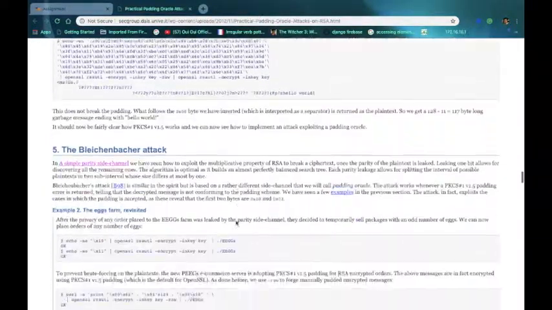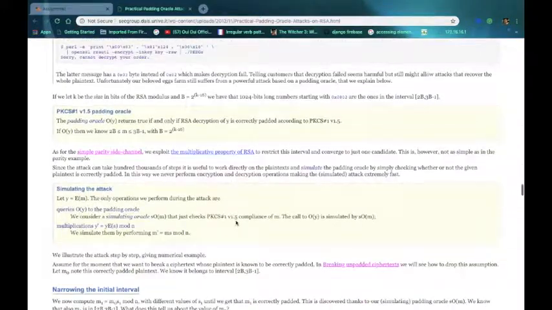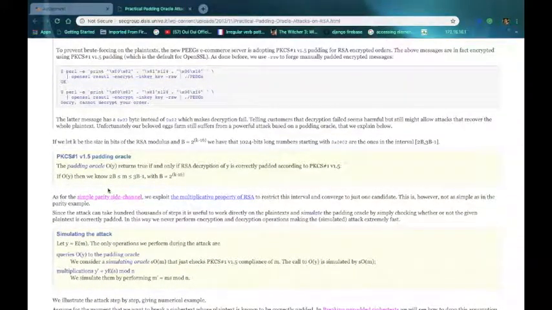So once we get a confirmation that a message is according to the PKCS version 1.5 padding, we know that the value of m will be between 2B and 3B minus 1, where B is 2 raised to k minus 16 and k is the number of bits in the representation of n, where n is the modulus of RSA.